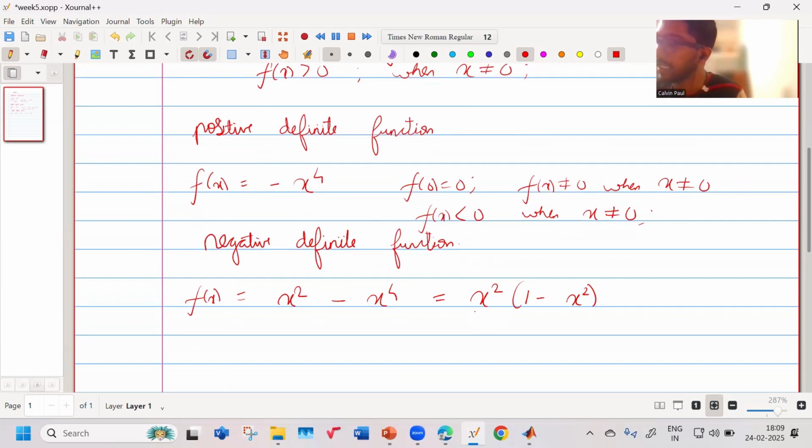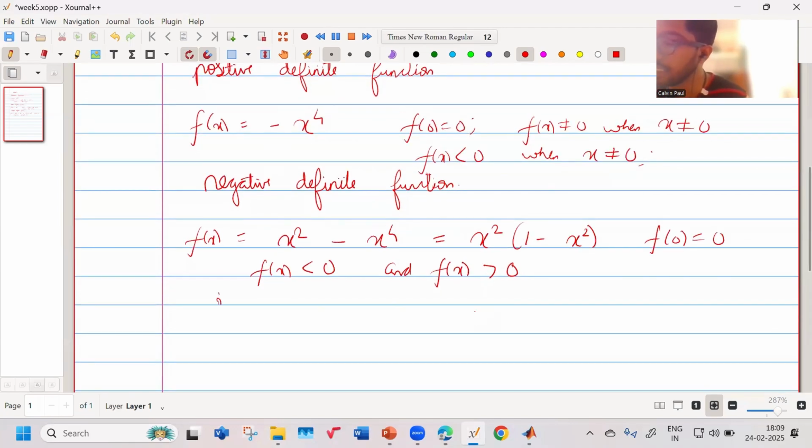In this case, f of 0 is equal to 0, this is true. But f of x can be less than 0 and f of x can be greater than 0. Both cases are possible. That is why we say that this function is indefinite.